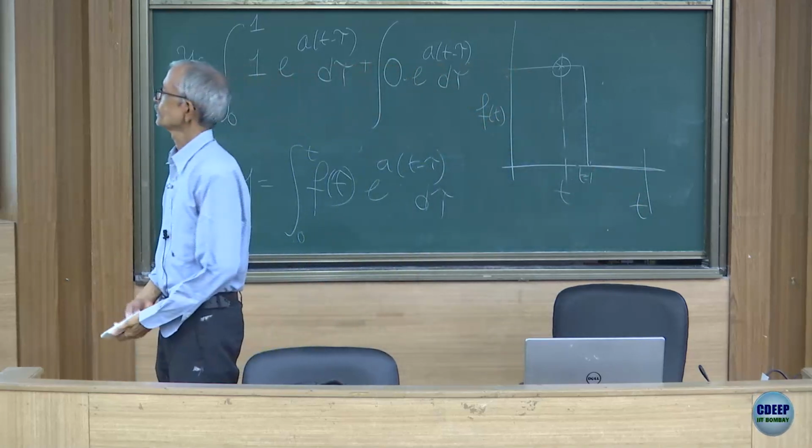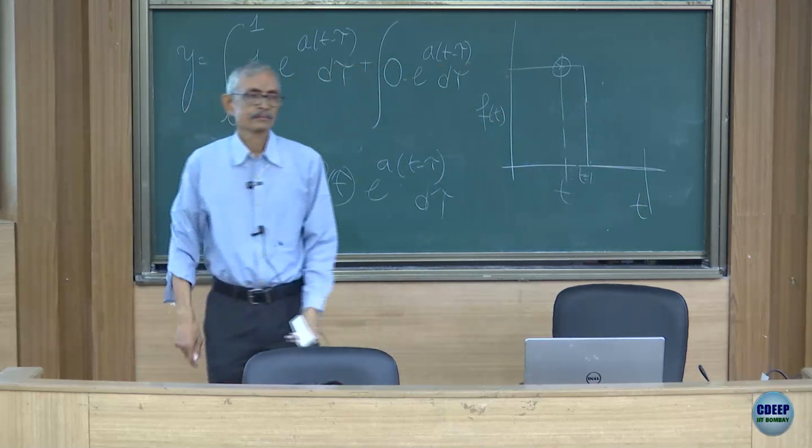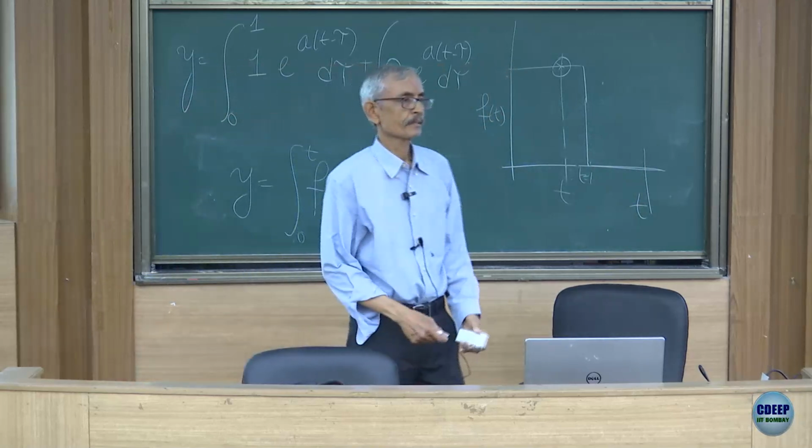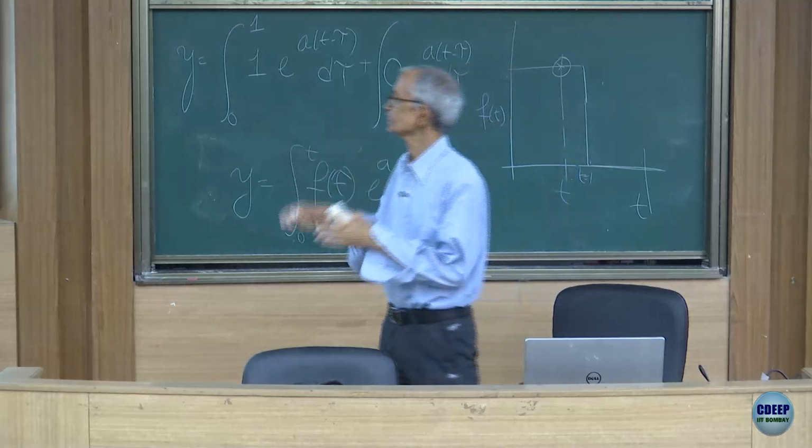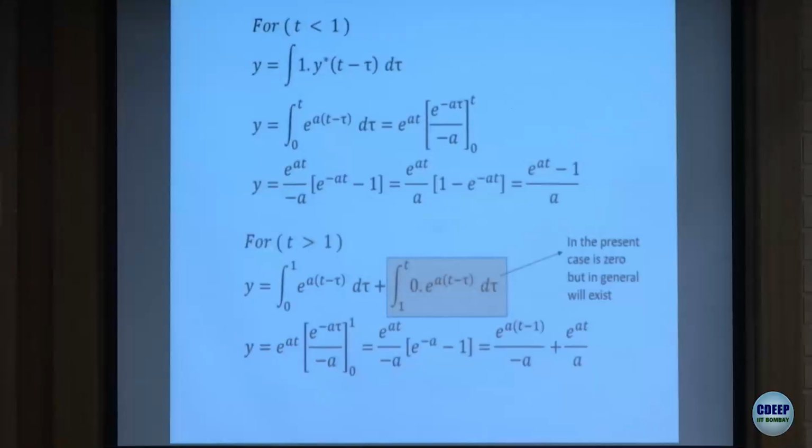Okay. Algebra you can do. So you go ahead and do the algebra and you will find that the solutions to this are the same as what we had previously by using the Heaviside function approach. Okay.